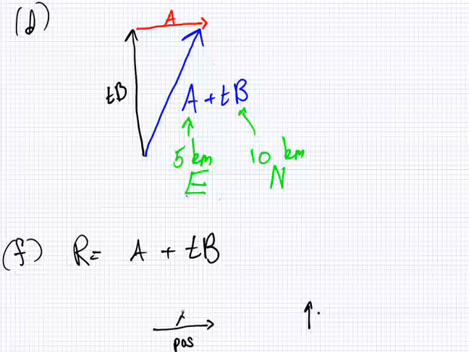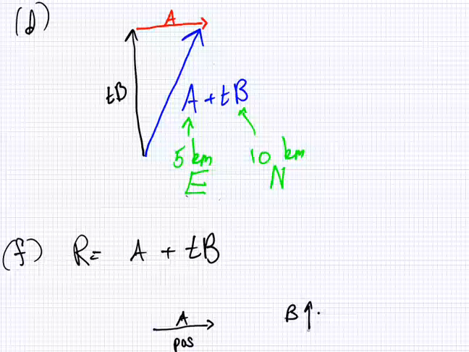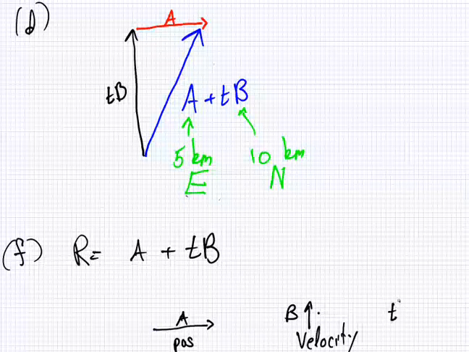So we want the dimension of TB. That's the dimension of T, the dimension of B. Now just remember what T is here. It's 2 hours, isn't it? And B here, what did we say it was? It was 5 kilometers per hour north.